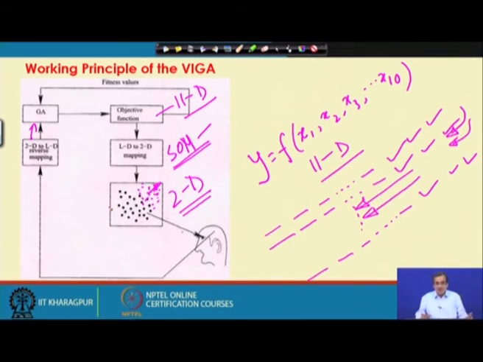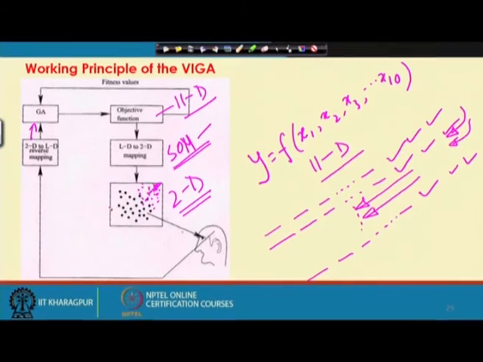That means, we are going to use the problem information just to guide the genetic algorithm, so that the genetic algorithm will become faster and its search speed will accelerate, and it is going to hit that globally optimal solution soon. So, this is the working principle of this visualized interactive GA.